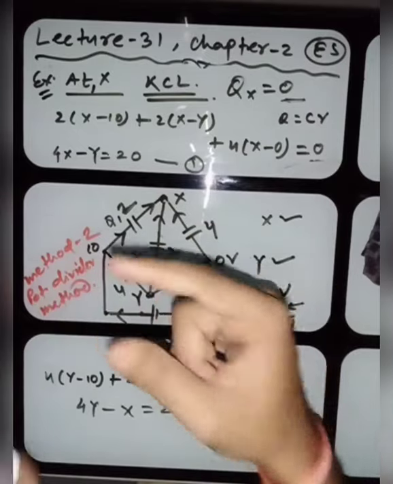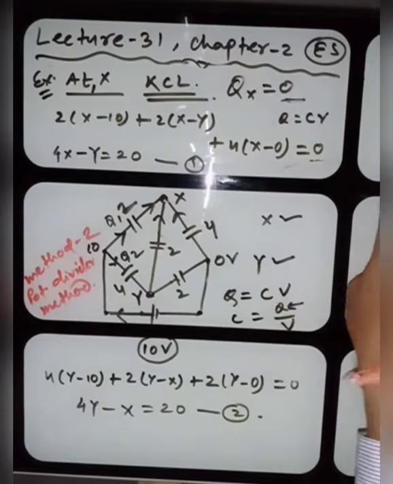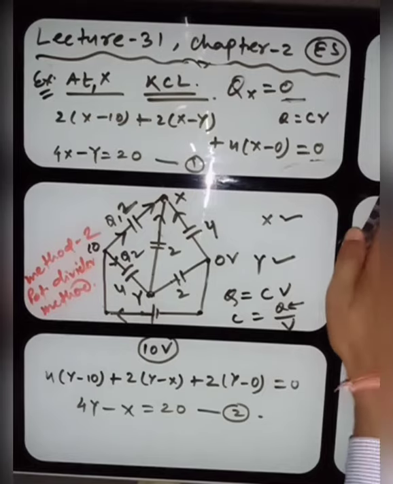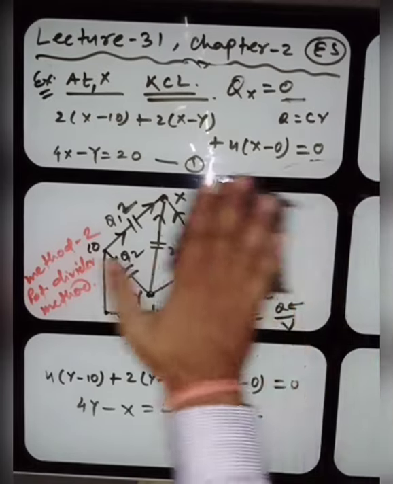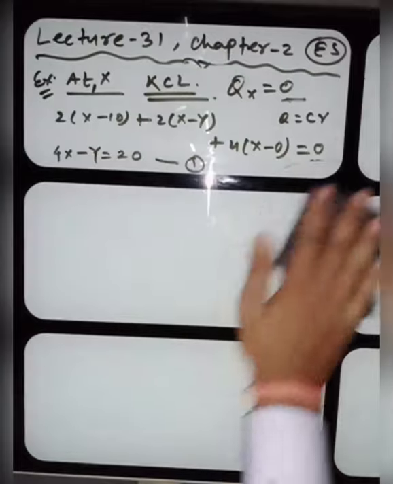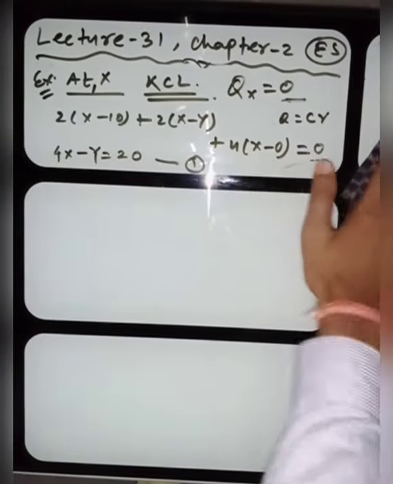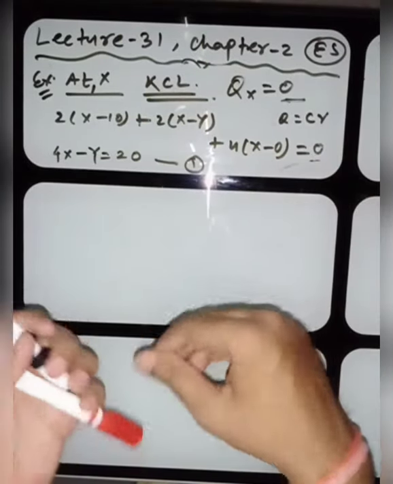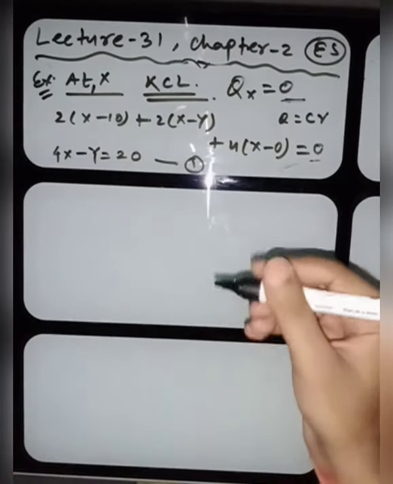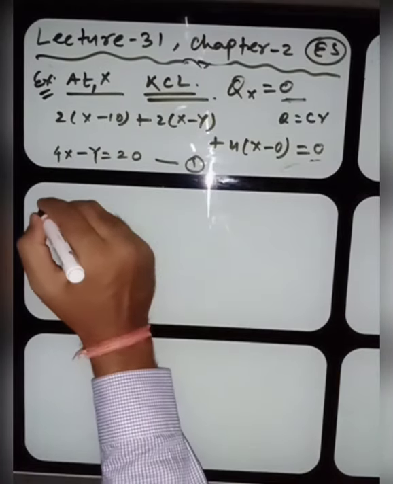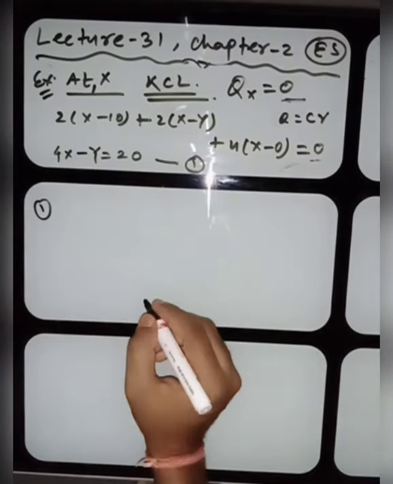I am giving you one homework. You will solve it by yourself. I am rubbing this one, my dear students. You will solve this particular question as homework by both methods, potential divider and charge distribution as well.